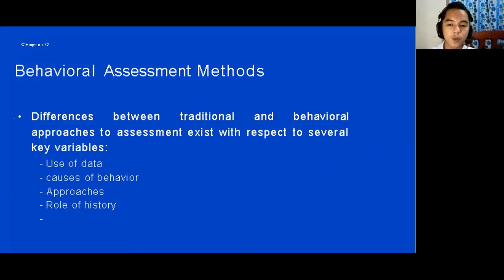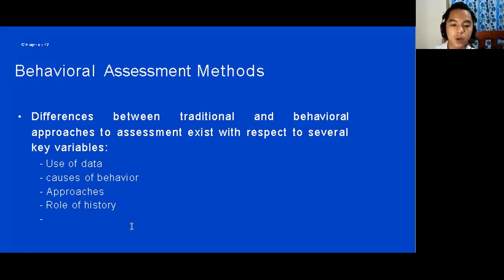In respect to the use of data, in the traditional approach, data is typically used to diagnose and classify, while in the behavioral approach, the assessment data is used to describe targeted behaviors and maintaining conditions.